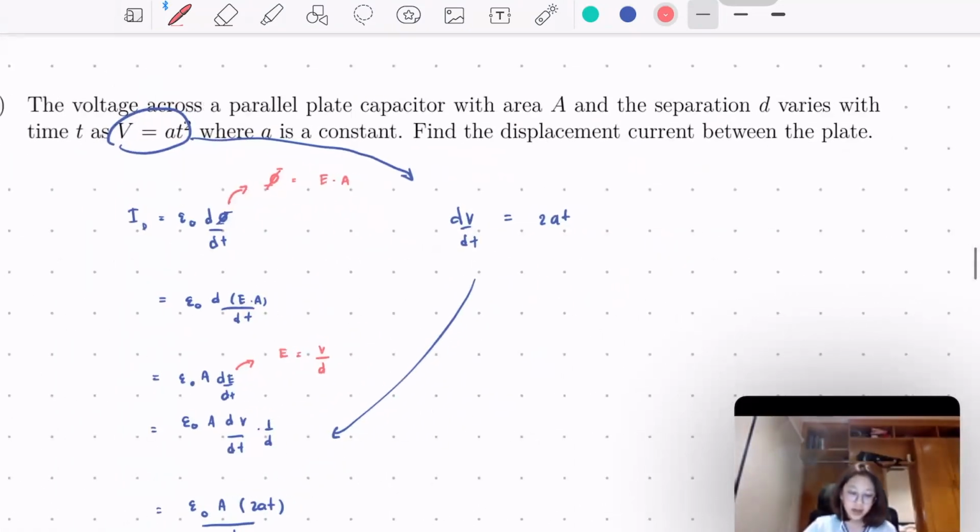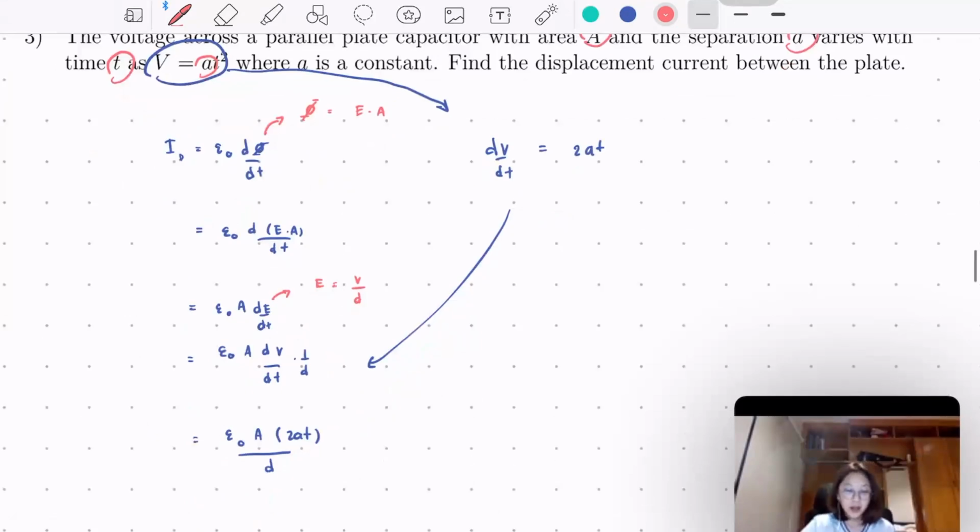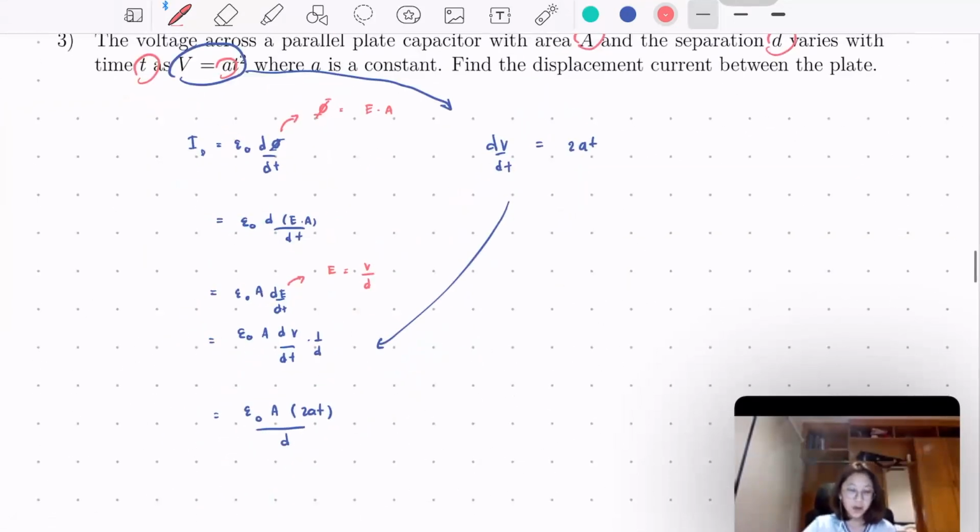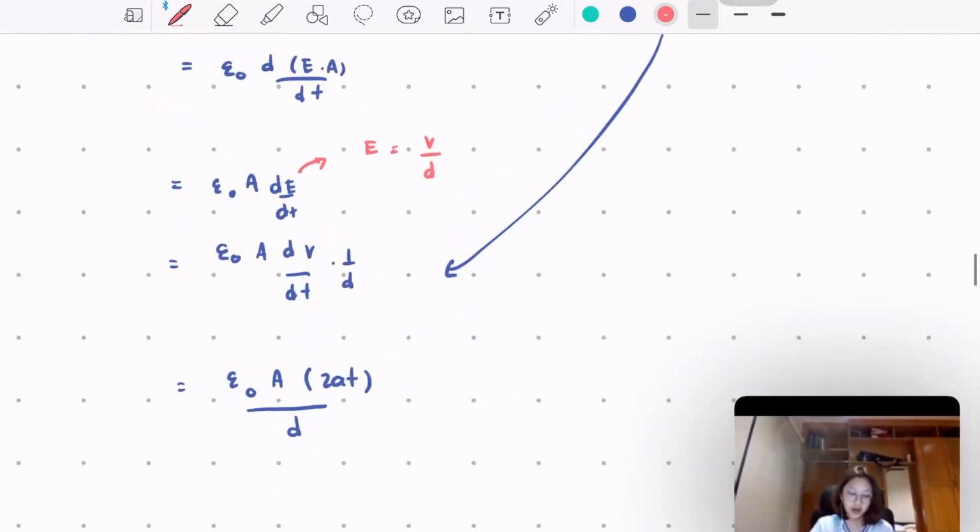In this question, they give a, d, t, and A, which is the area. We see in our answer that we also have epsilon naught, which is more than the variables in our question. However, epsilon naught is a constant value, so it is okay to answer it. And this is our answer.